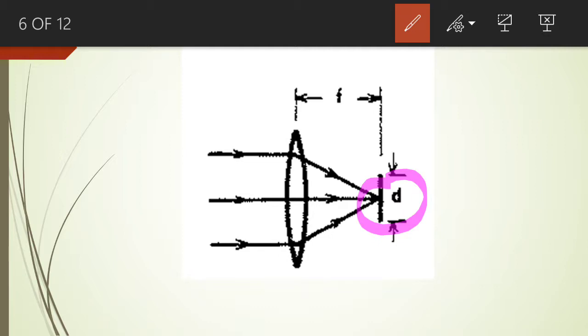Basically, the focal point is located at the center of the detector. So this spherical lens is used to focus the collimated beam of light to the center of the photo detector, and as we mentioned earlier, the detector is located at the focal point.